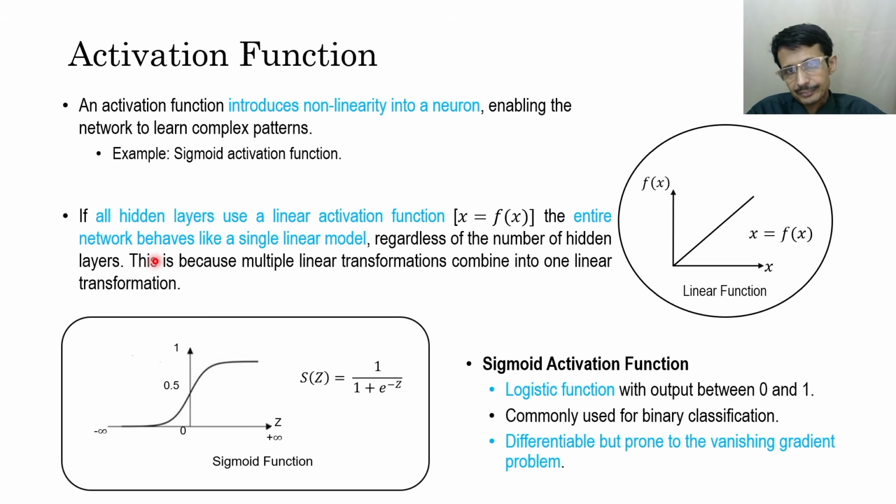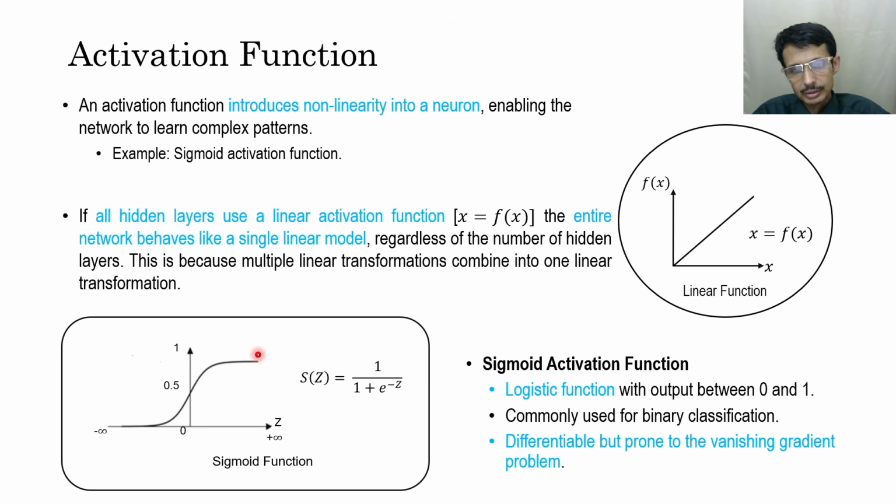Now one question can come to mind: if all hidden layers use a linear activation, the entire network behaves like a single-layer model, regardless of the number of hidden layers. This is a very important observation. This is because multiple linear transformations combine into one single linear transformation. So we have to put in some sort of non-linearity.